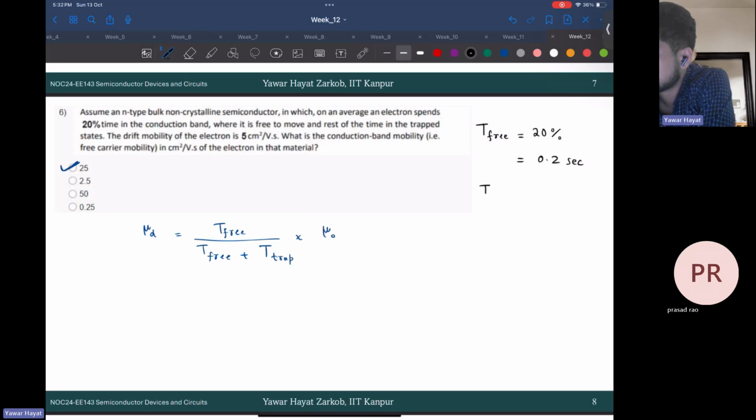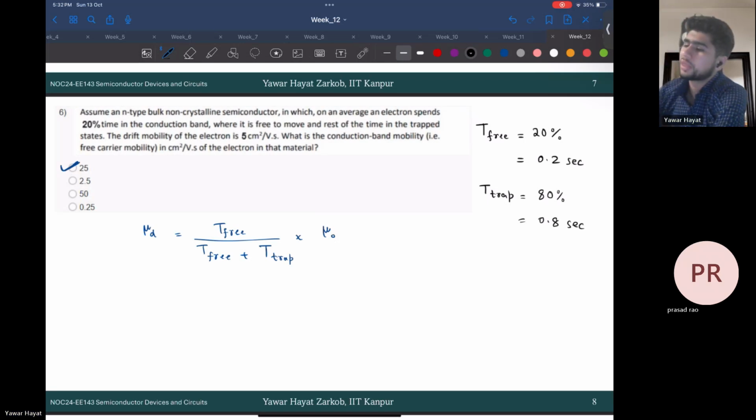And then your T trap is the rest of the time in the trapped states. So T trap would be the remaining percentage, which would be 80%, and that amounts to 0.8 seconds. I'm normalizing it.